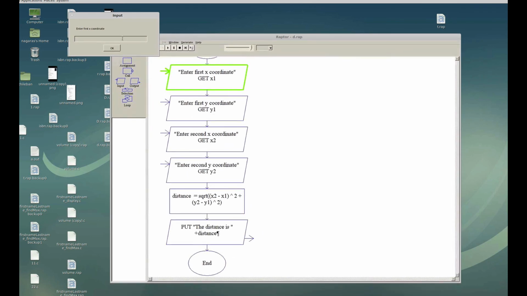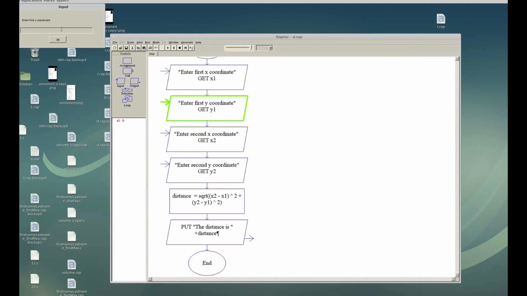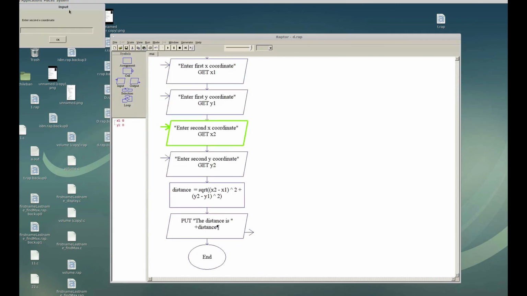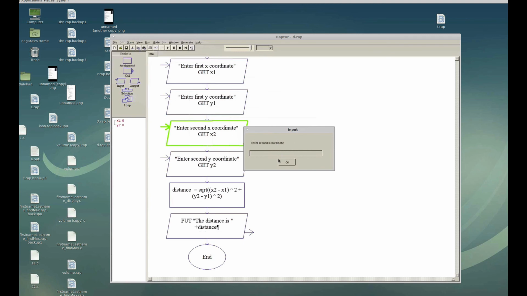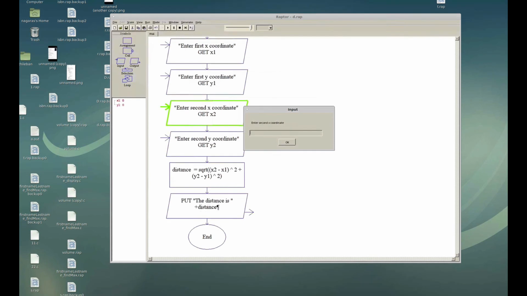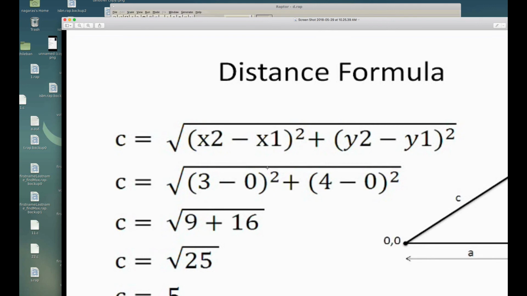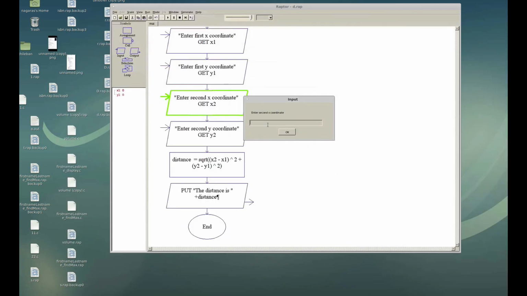So the first x coordinate was 0, I put 0 here, and first y coordinate, that's also 0. I put 0 here, and then enter the second x coordinate. That one was x2, that's 3 right here.